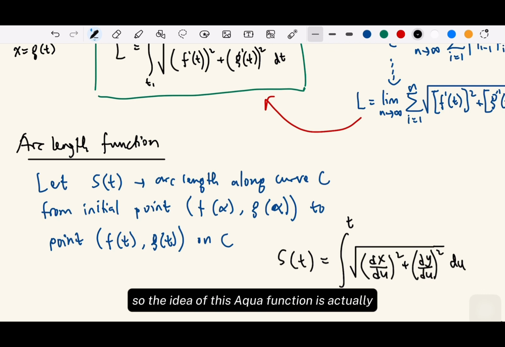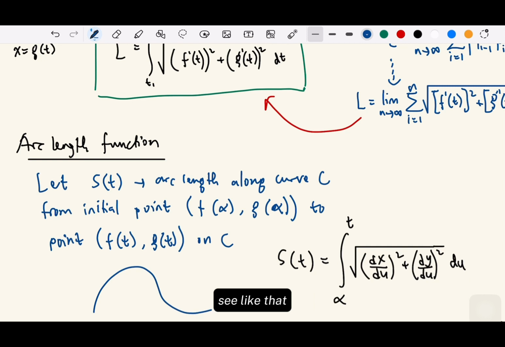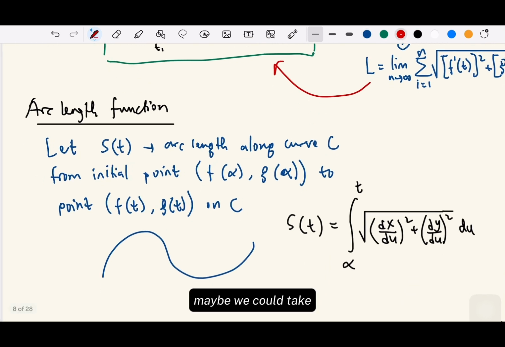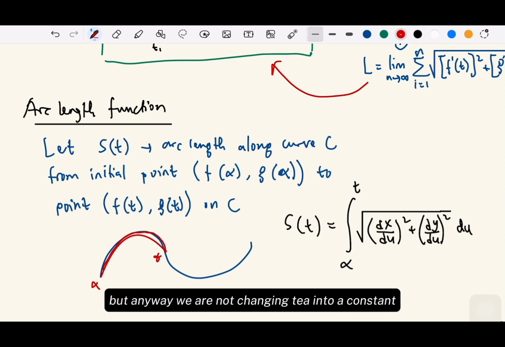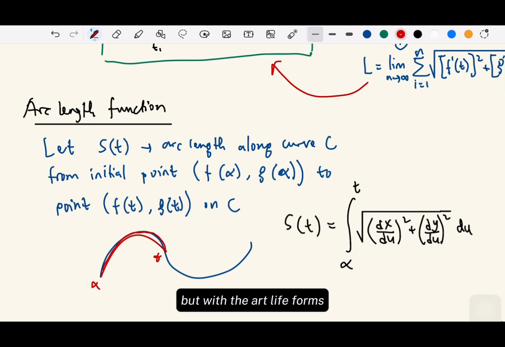So the idea of this arc length function is, if you have this curve C like that, maybe we could take, let's say alpha is from here, maybe we could make it up until here, let's say that is t, and we can change this t. We can change it here. Okay. But anyway, we are not changing t into a constant, okay, because we want to make a function, but with the arc length form.